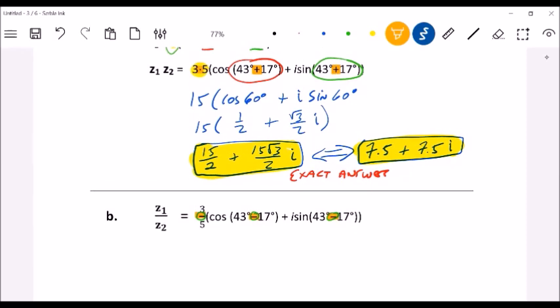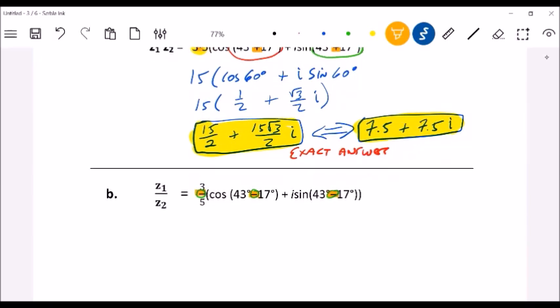Multiplying and adding really go together. Dividing and subtracting really go together. So this is an appropriate place to make that 0.6. And then we have cosine of 43 minus 17, which is 26 degrees, plus i sine of 26 degrees.